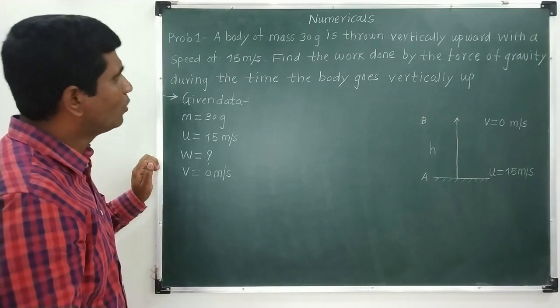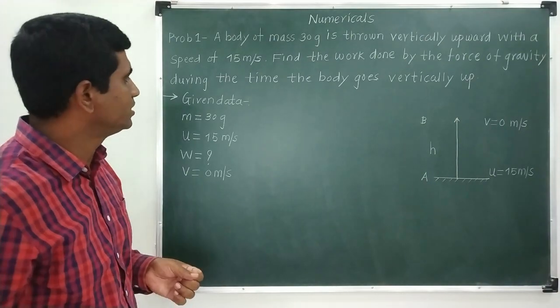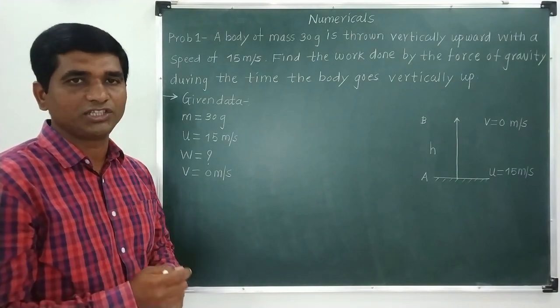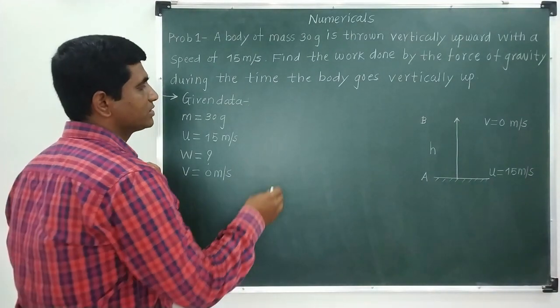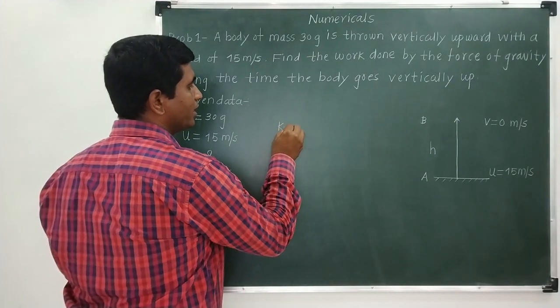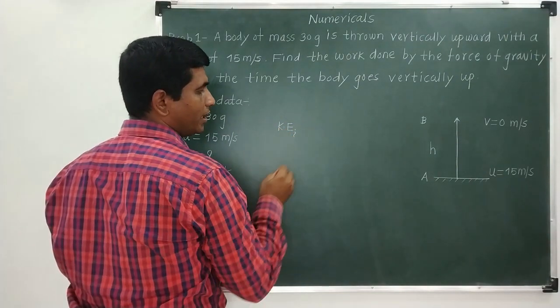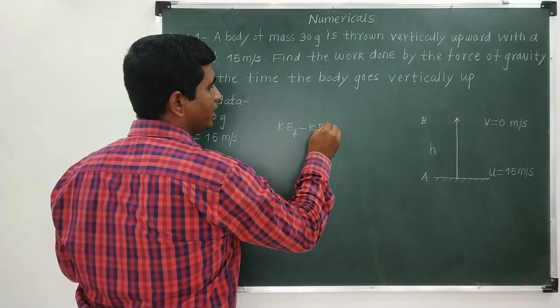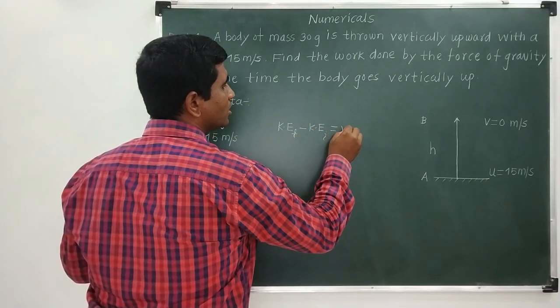Now what I have learned in the theory is the work energy theorem. The work energy theorem tells us that the change in kinetic energy, that is final kinetic energy minus initial kinetic energy, is nothing but the work done.